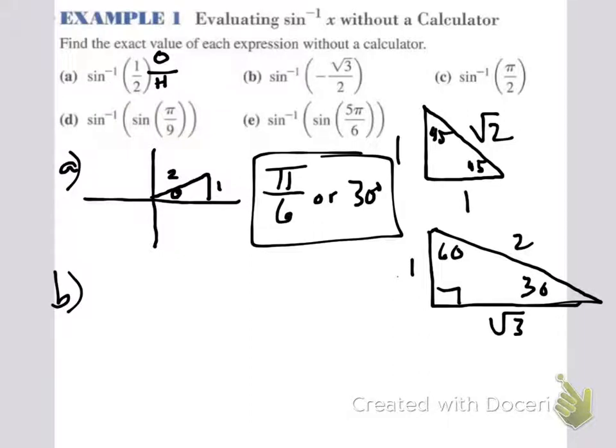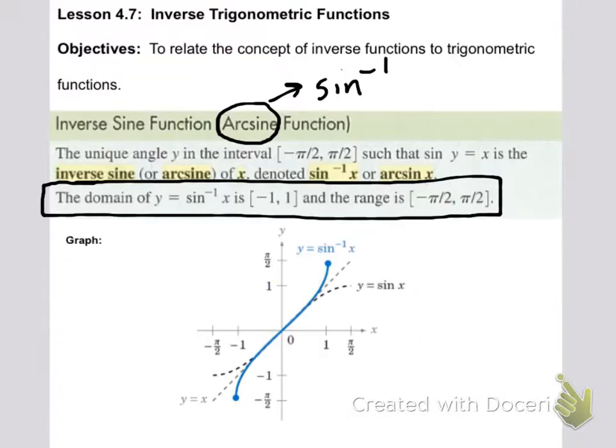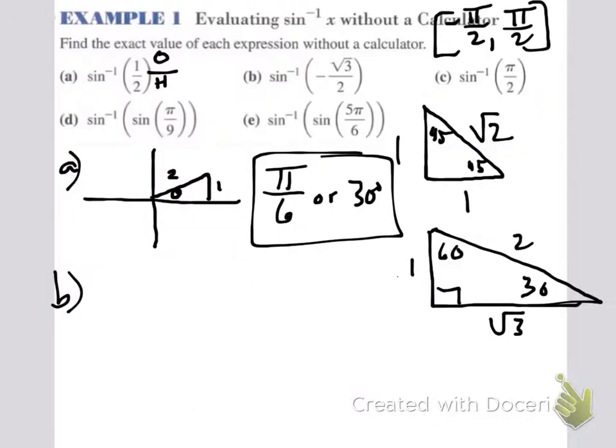Part B. Now, what angle has an inverse sine of negative radical 3 over 2? We have to remember that all of our angles are going to be between negative pi over 2 and pi over 2. That's what this means. So our answers for these first three are going to be between negative pi over 2 and pi over 2.